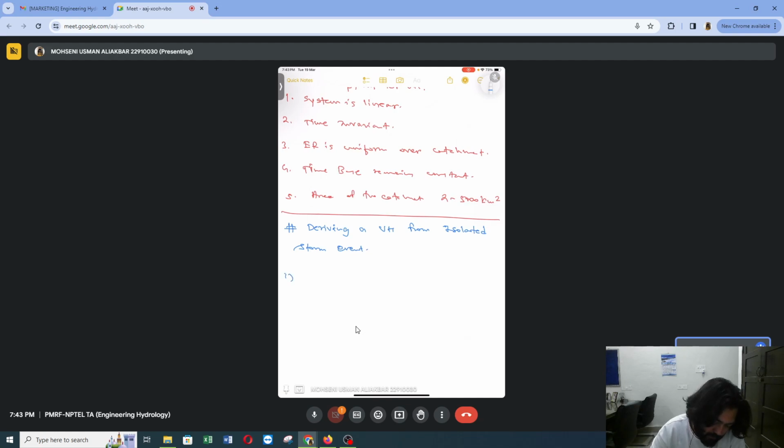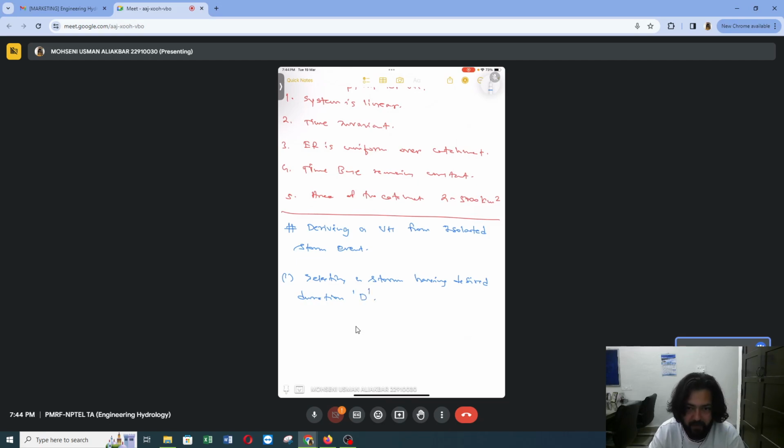So what are the steps? The first step is to select an isolated storm of some duration. We should know the duration of that storm. So the first step is selecting a storm having the desired duration D, right?